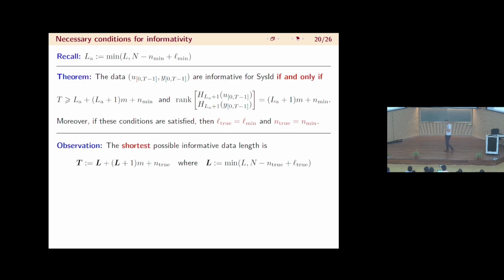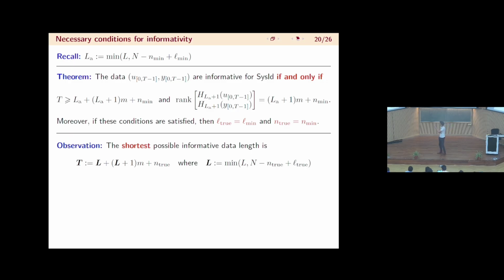Since necessarily for informativity for system identification, the rank of this input-output Hankel matrix must be this number over here, then I see that the shortest possible input-output experiment has exactly this number, boldface T, of samples.